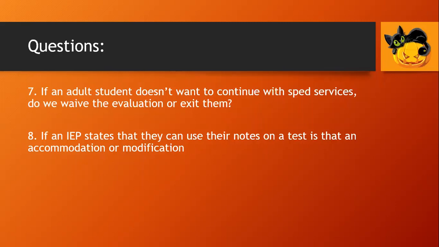Sometimes students, adult students, or even parents may choose to decline one or all of special ed services. It's not a requirement, but it's not a bad idea to have some type of form for that.